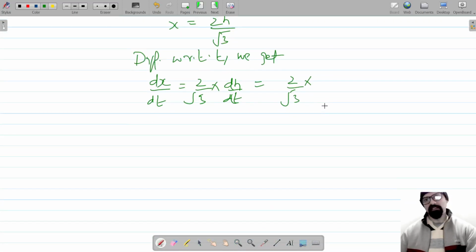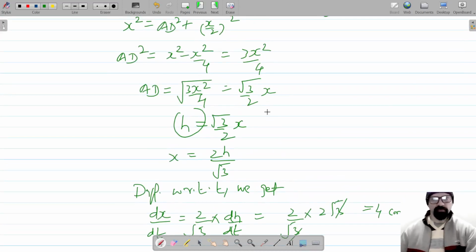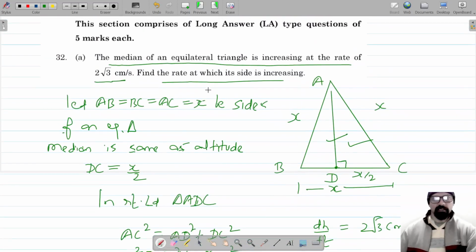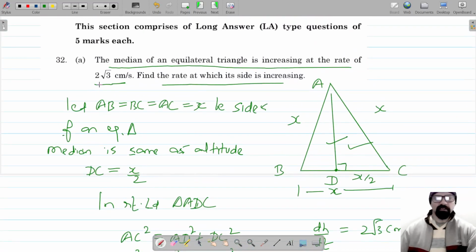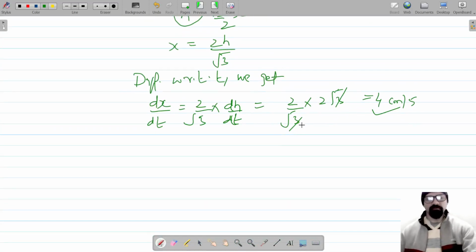So dh by dt is 2 root 3. So this is equal to 4 centimeter per second. So अगर median increase कर रही है 2 root 3 centimeter per second से, तो side increase करेगी 4 centimeter per second से.